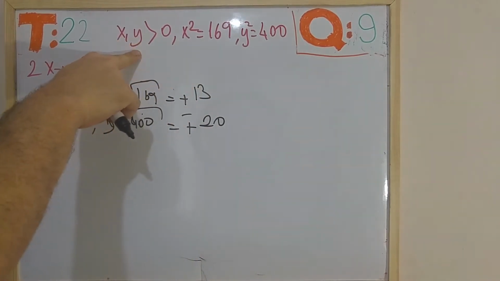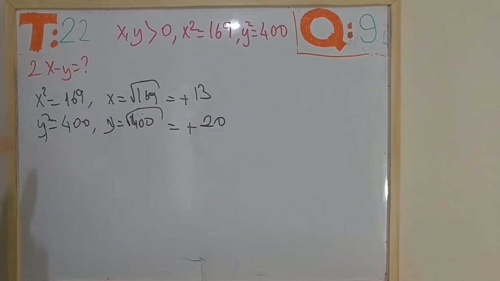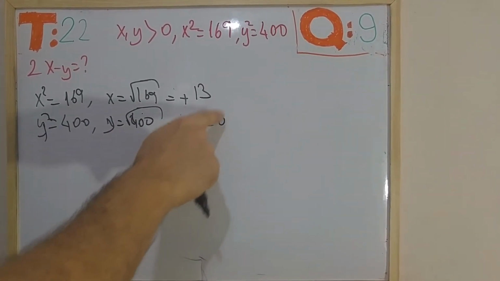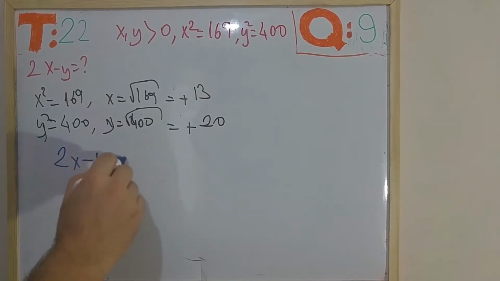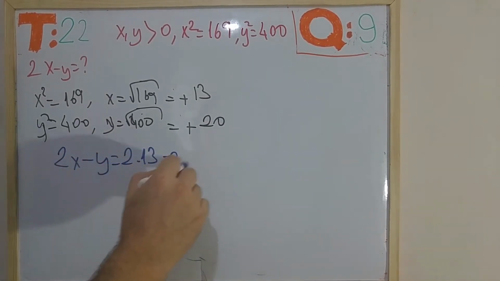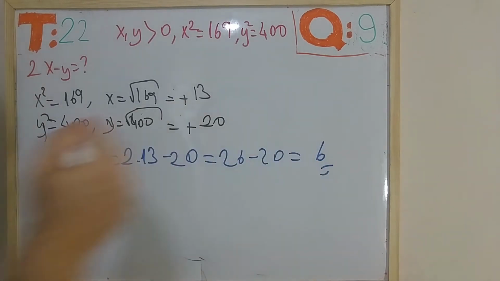And y is also greater than 0, so I don't care about the negative value. So I have y is equal to 20 and x is equal to 13. Let's calculate 2x minus y, which is equal to 2 times 13 minus 20, which is equal to 26 minus 20, which makes 6.